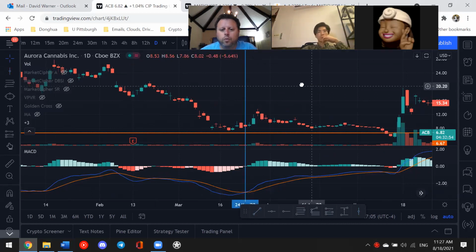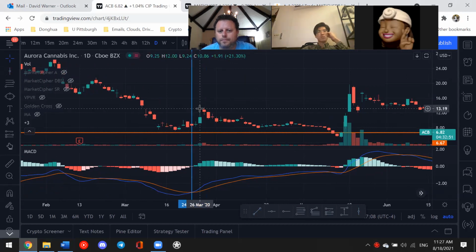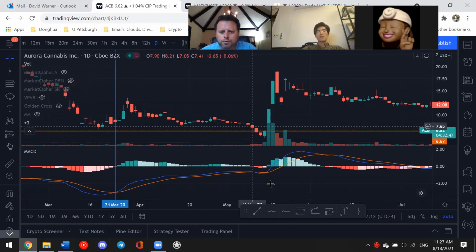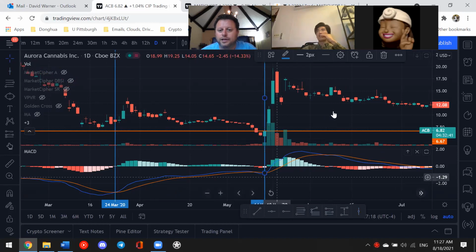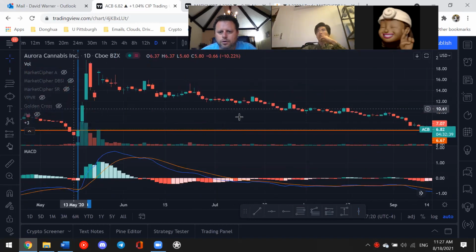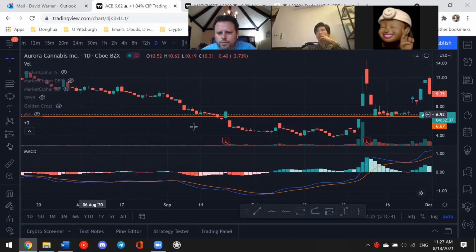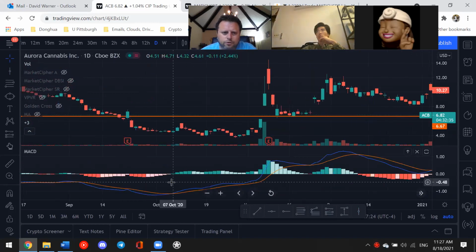Yeah, it would have. You would have made some money if you got out at the right time. Blue line crosses above here. Would this have been a good place to buy? Yes, very. Blue line crosses above the orange line here.